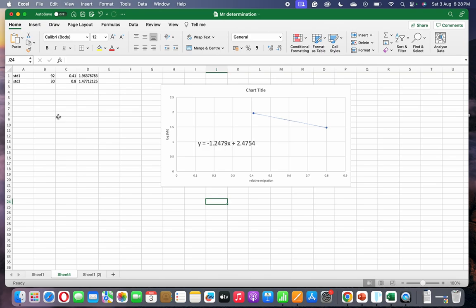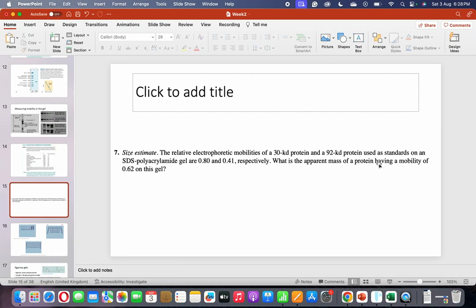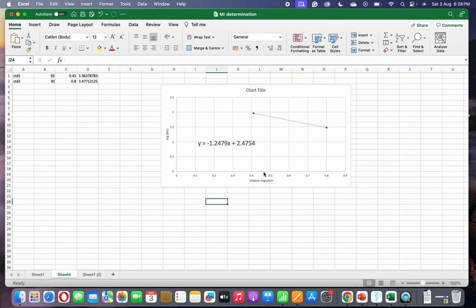So now let us go back to our unknown point. It has a mobility of 0.62, but the apparent mass is unknown. Okay, fine. So basically, we know that x is 0.62, so we have to find out what is y.